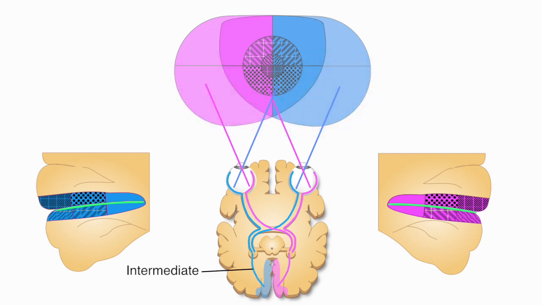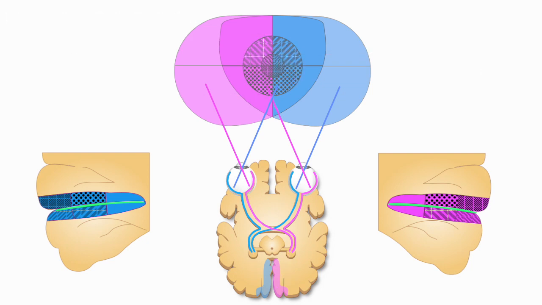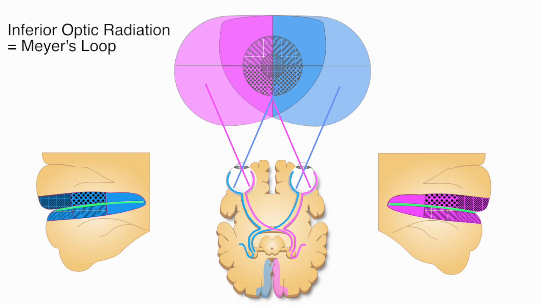The intermediate division relays information from the macular region of the visual field. The inferior division, also known as Mayer's loop, courses posteriorly within the temporal lobe, looping around the inferior horn of the lateral ventricle. Mayer's loop relays information from the inferior retinal quadrants, and therefore from the superior visual field.